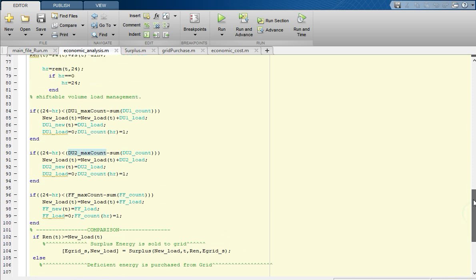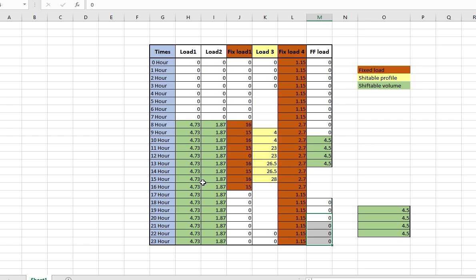So we will be checking if there is a possibility that the remaining operational hours are less and this load is not operated, that is, the operational hours are less than the remaining time.